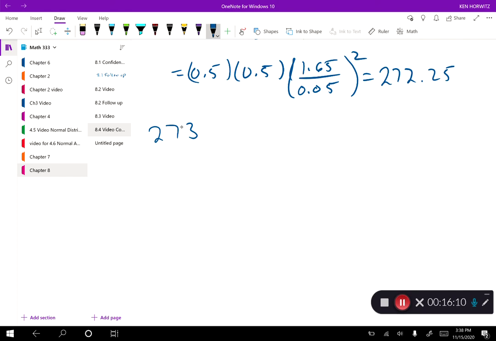If I did 272, I would be outside that 5% error. So 273 is the sample size. All right, so it's not about mathematical rounding, it's more about being within the 5% error.